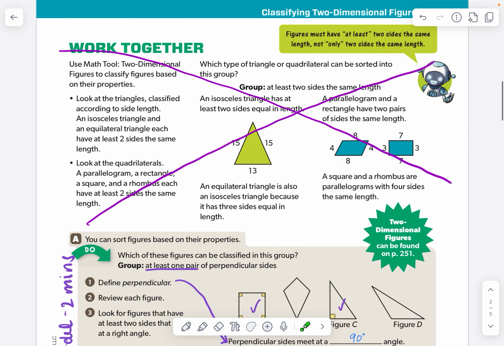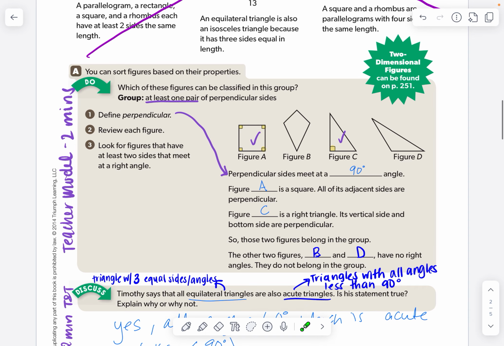So today's lesson is a little bit wonky only because there is no formal practice that is going to necessarily prepare students for their partner practice time. However, we are still going to do a model around question A and then a turn and talk after. So this question says, which of these figures can be classified in this group?